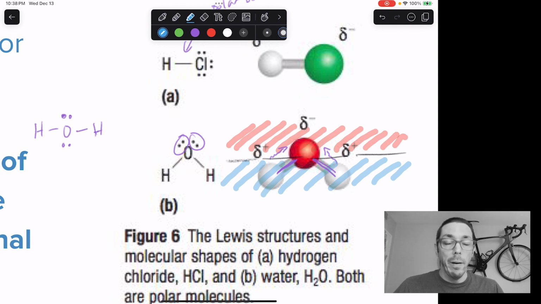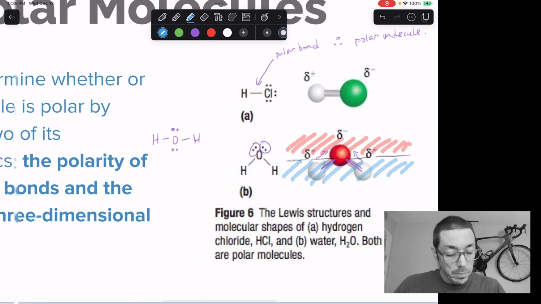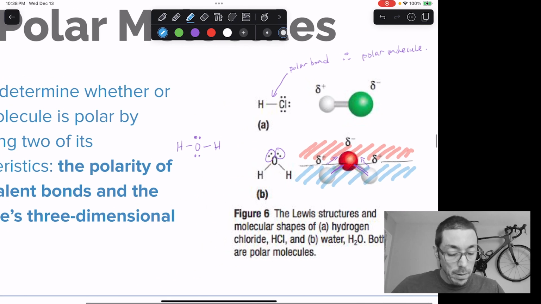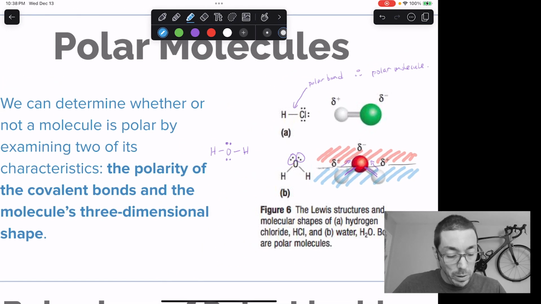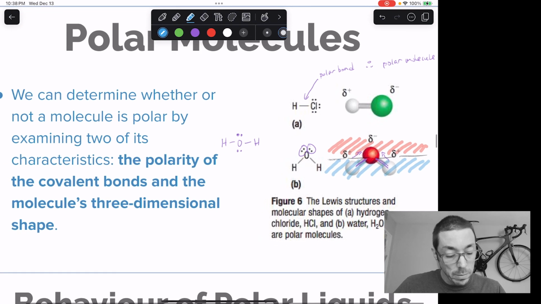So water has polar bonds which contribute to making the water molecule polar as well. That's a case where there's two bonds and they add together to make one side of the molecule more negative.